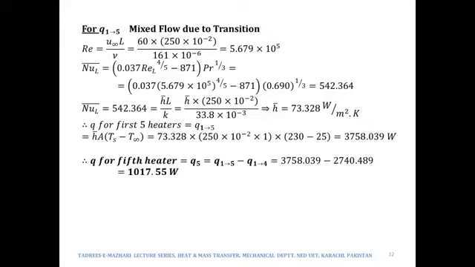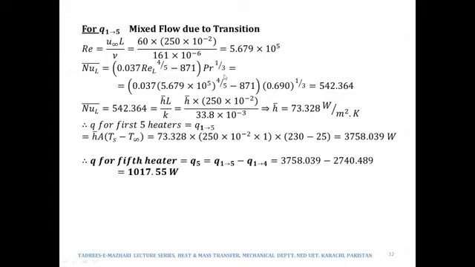Therefore the flow will be considered as mixed over the heater from the beginning till the fifth heater, means from the beginning till 250 centimeters. Till 250 centimeters the flow is not only laminar, so therefore it would be considered as mixed. And for mixed flow, this is the expression of the Nusselt number.